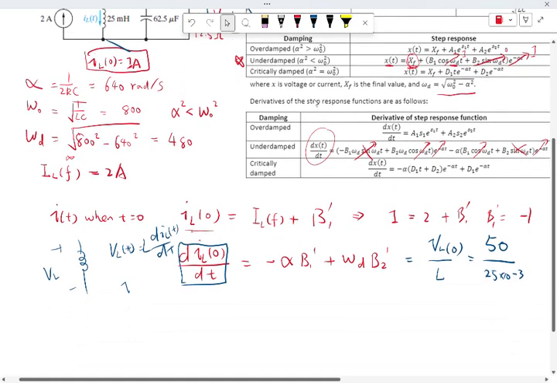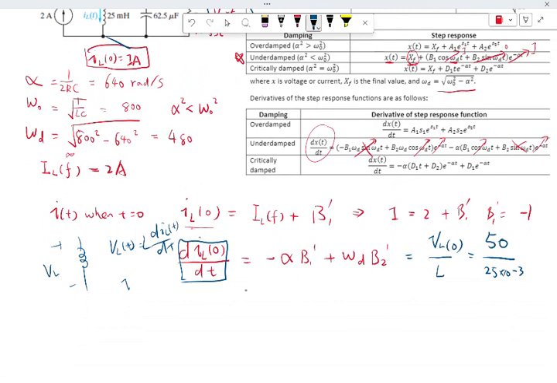All right, and we already know alpha is 640, and we already know B1, which is -1, and we're going to plus omega d. We know that as well. B2 naught is the only thing we don't know, and it equals this thing, right?